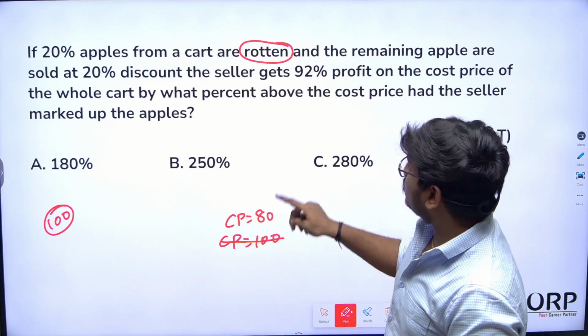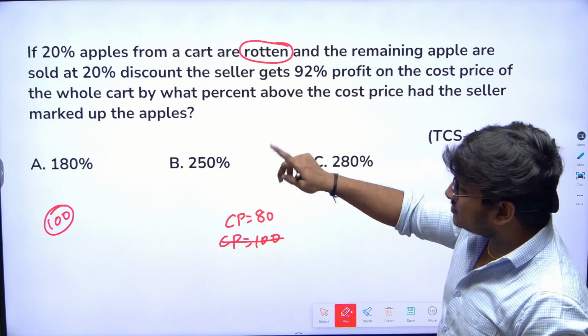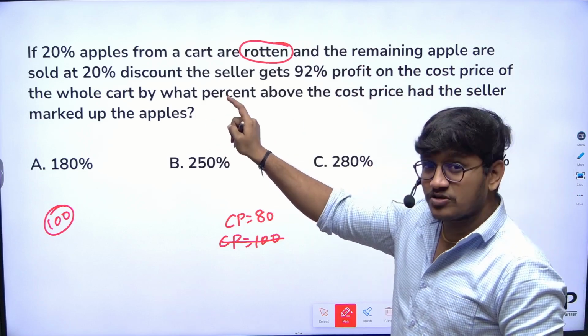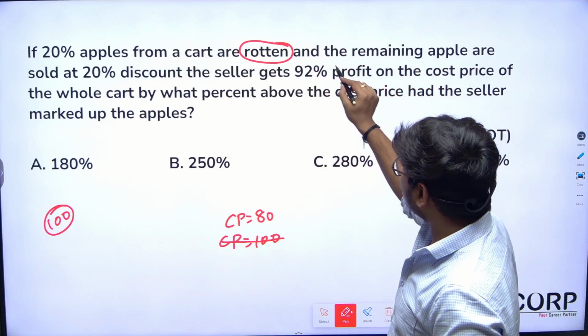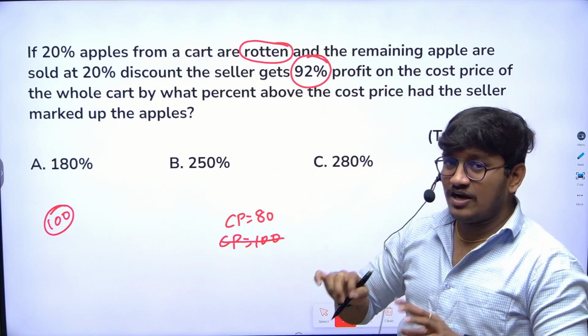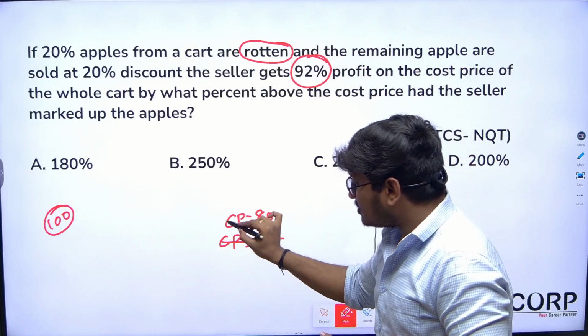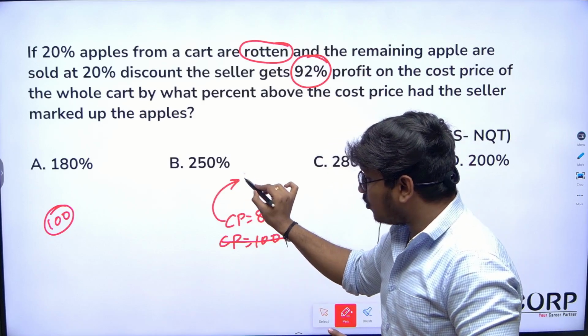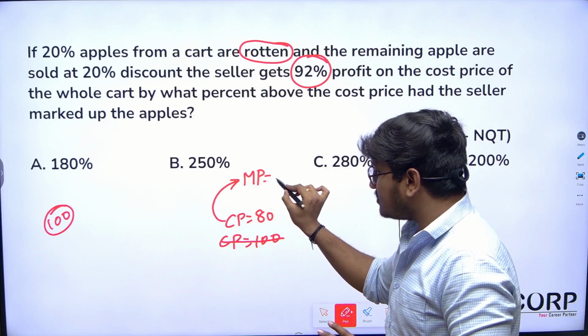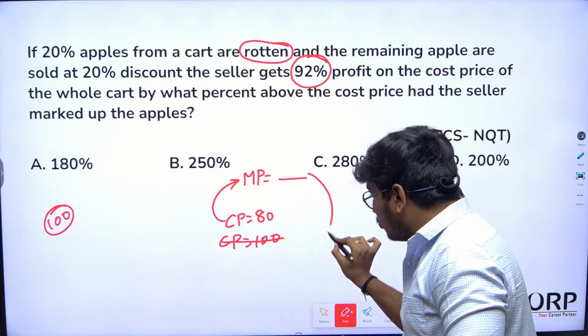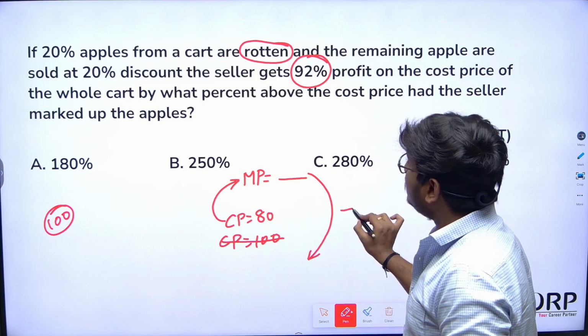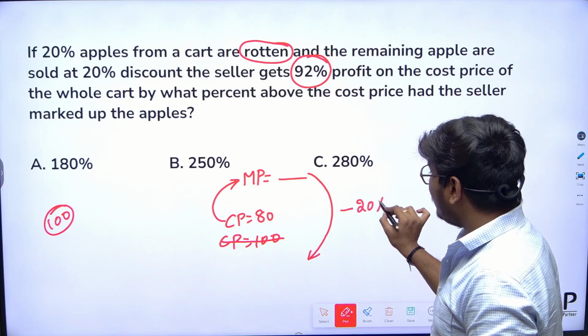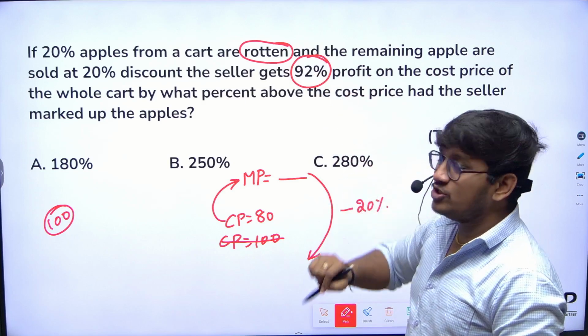Now, if you observe, the remaining apples are sold at 20% discount, but still the person is getting a 92% profit. The condition is that the person increased the price to some extent, and he allows a discount of 20%, but still he got 92% profit.